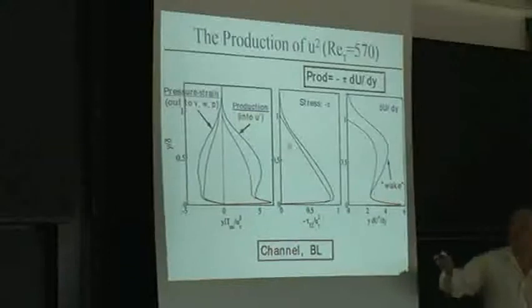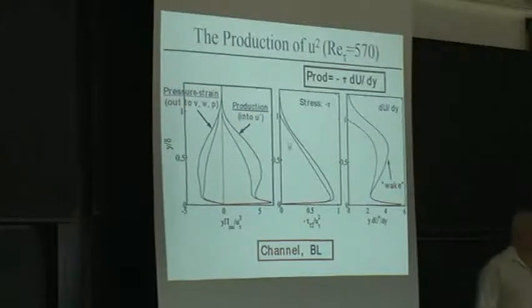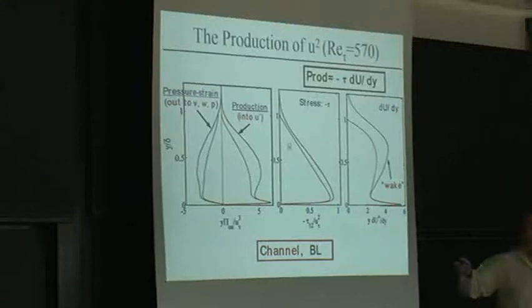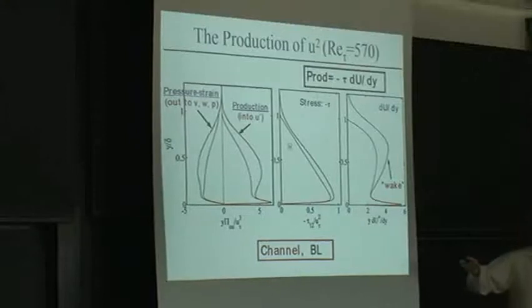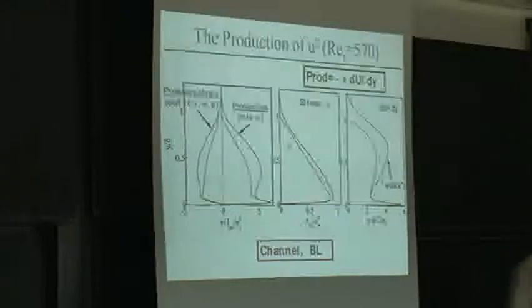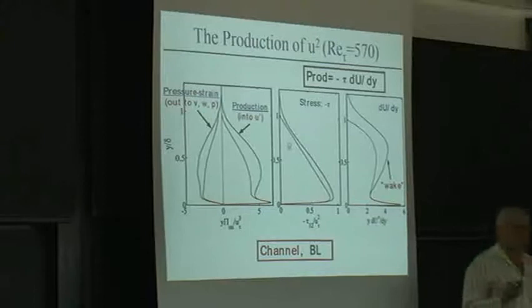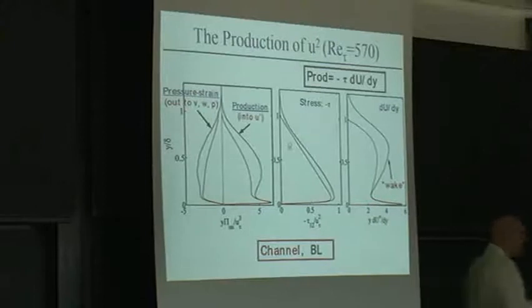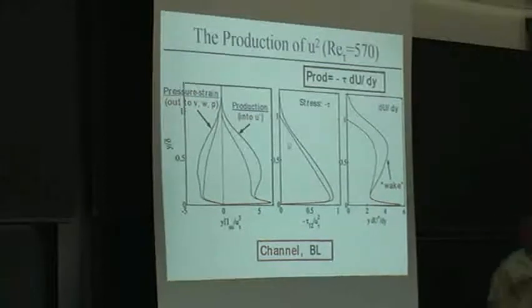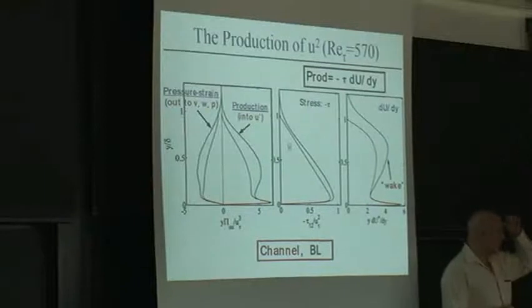The production is the product of the Reynolds stress times the U1 gradient. You compare the Reynolds stress in the channel and in the boundary layer, and they are different, but not so different. What is really different is the U1 gradient. It is stronger in the boundary layer than in the channel, and we know why: this is what is called the wake component of the mean velocity profile.